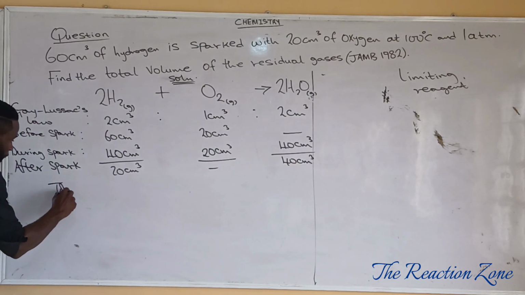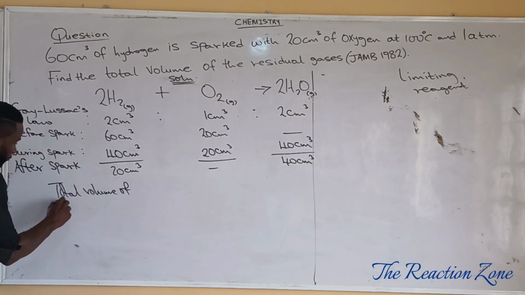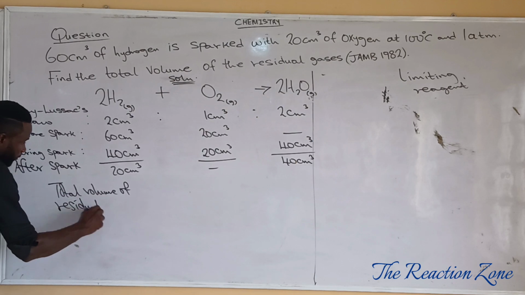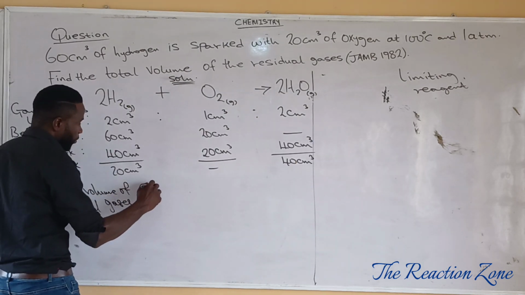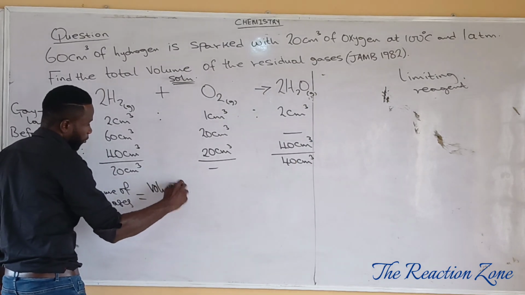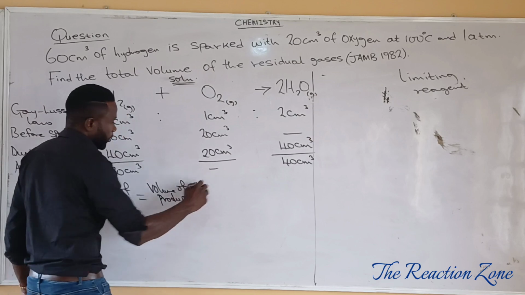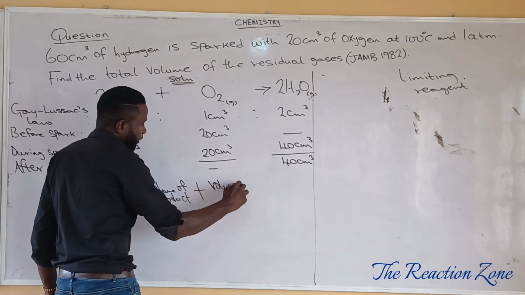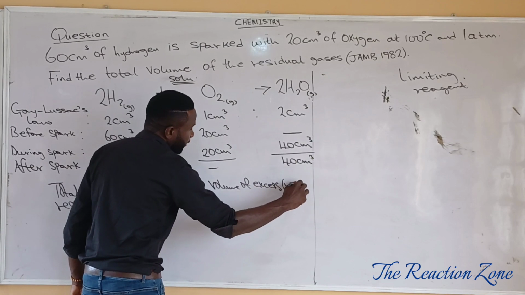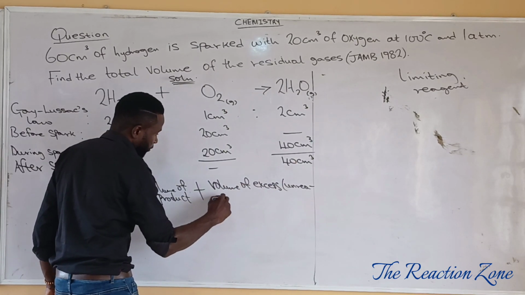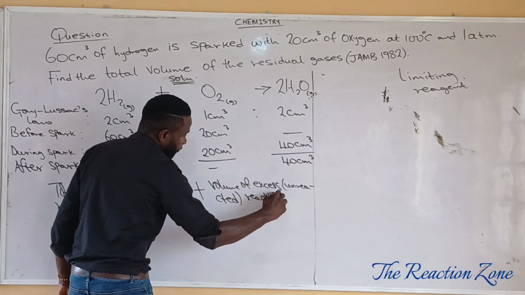So, the total volume of residual gases is equal to the volume of product plus the volume of excess or unreacted reactants.